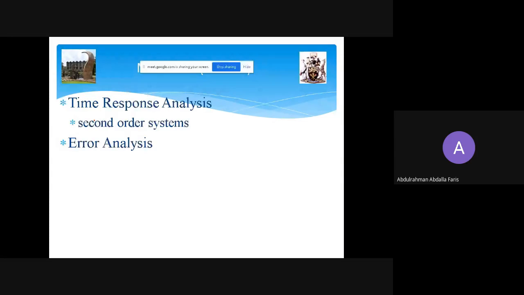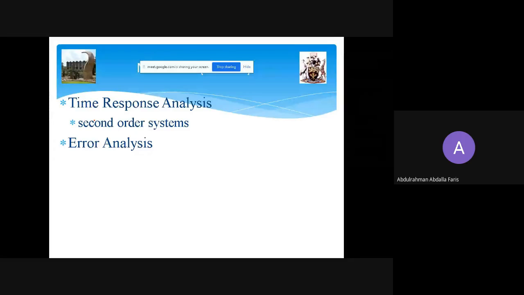We also got the time response for a first order system, analyzing using unit step input and unit ramp input. And then we also got the time response and steady state error for both. So next time we'll do the same thing for second order systems, and if we have time we'll do error analysis.